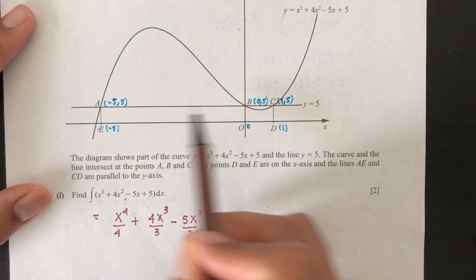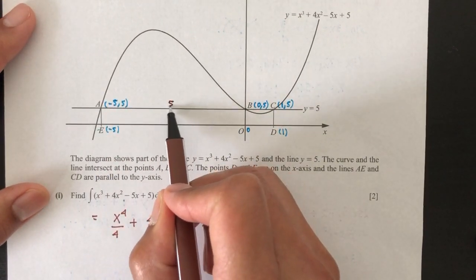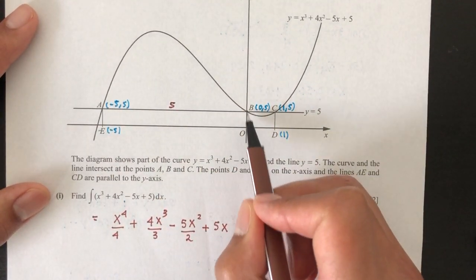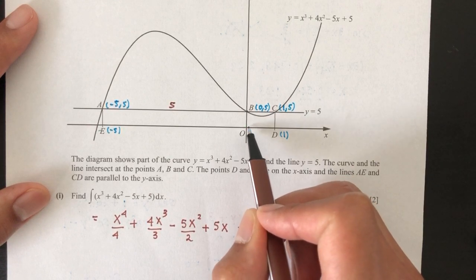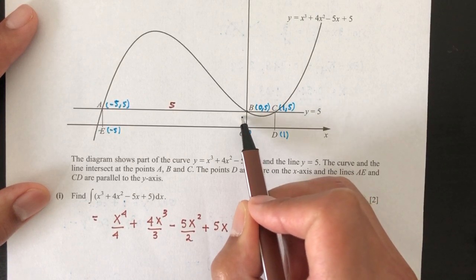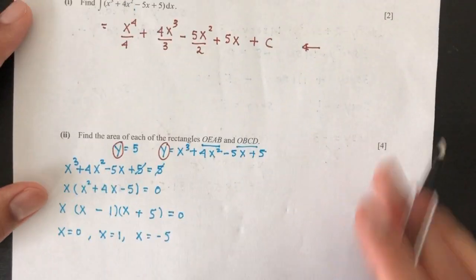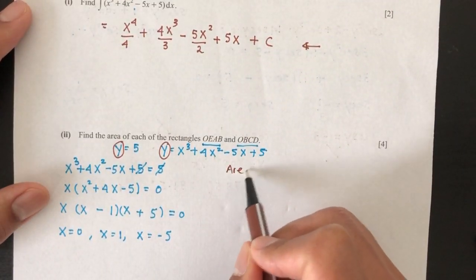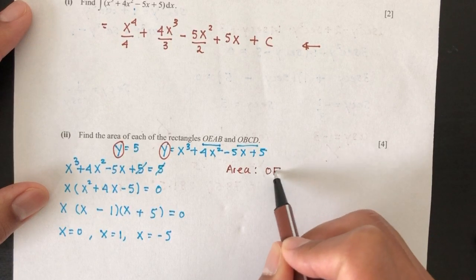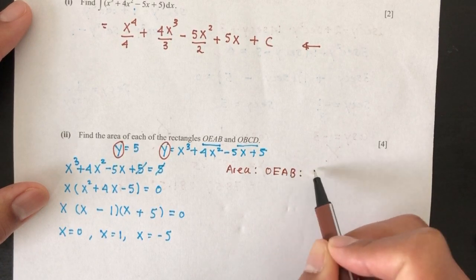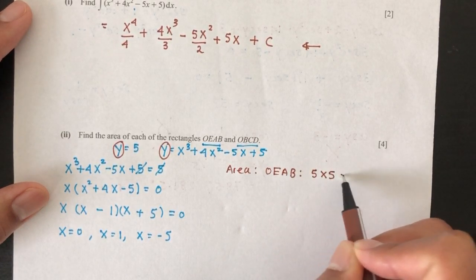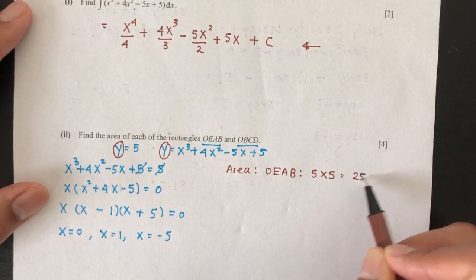This is from 0 to minus 5, so that will be 5. What is this height? It is from 0 to a height of 5, right? Because it says 5. So area of OEAB is 5 times 5. That will be 25 units.